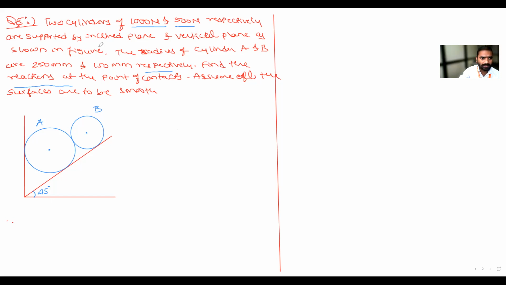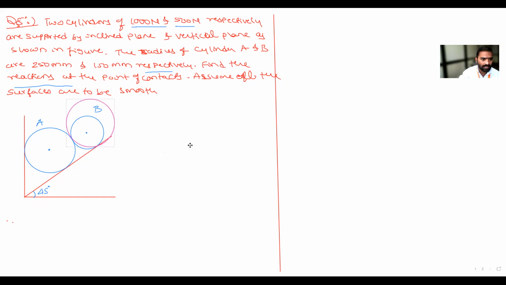In that condition, the reaction on the contact surfaces was making the same angle as the plane angle. So when the two cylinders are the same, the reaction makes the same angle as the plane angle. In this case, it is not the same; it is slightly larger.